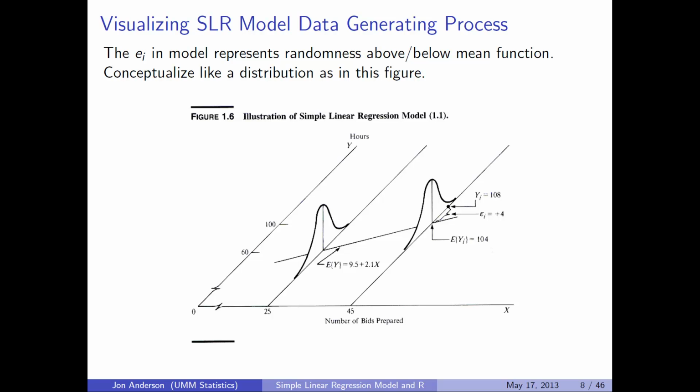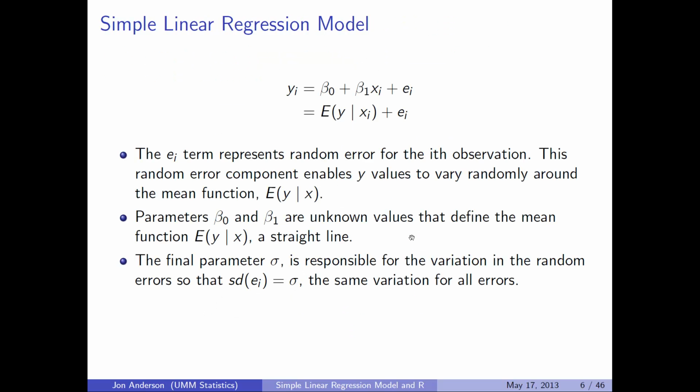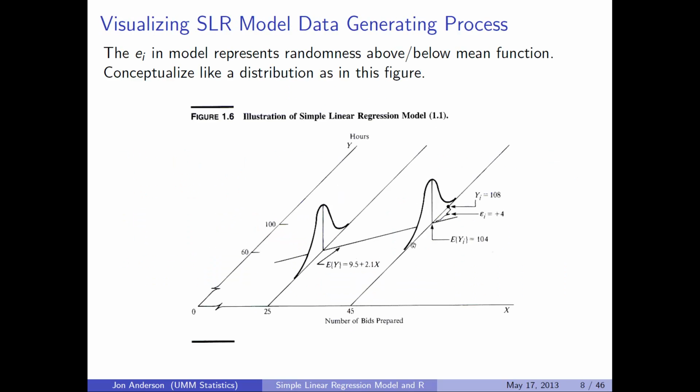And so therefore, these three components, the intercept, the slope, and the sigma standard deviation of the randomness, basically control how observed data comes to us.